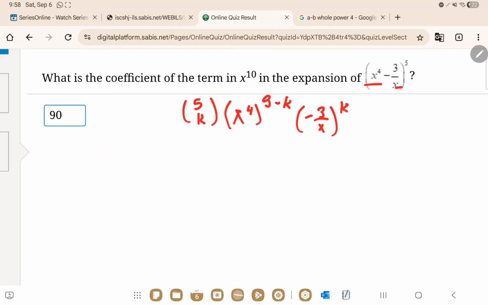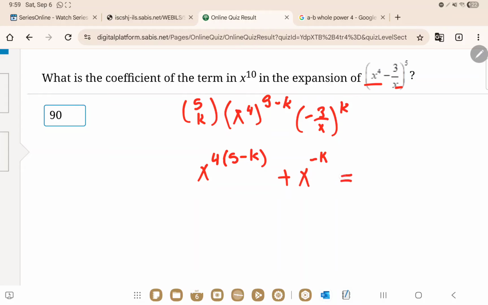Now here there's a trick, because we have, like I said, x in both. We need to balance the x's to make x equal 10. So we forget every single number we have and look at only the x. Here it's x to the power of 4 times 5 minus k, and here it's 1 over x, which is basically x to the power of negative 1 times k, so power negative k.